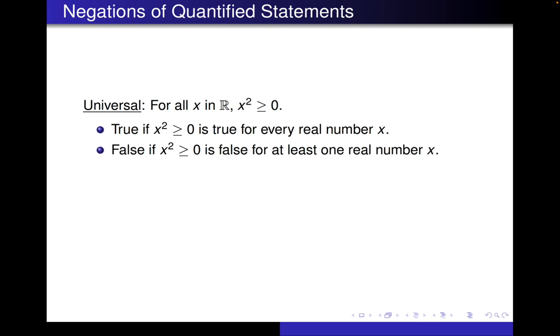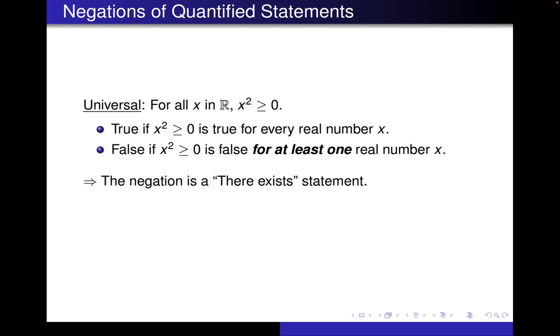Remember, if it's false for no real numbers x, that means they're always true, and your universal is going to be true. So it's false if at least one real number x makes that inequality false. But at least one, gosh, that looks very familiar. That is a there exists statement, right? At least one means there exists.